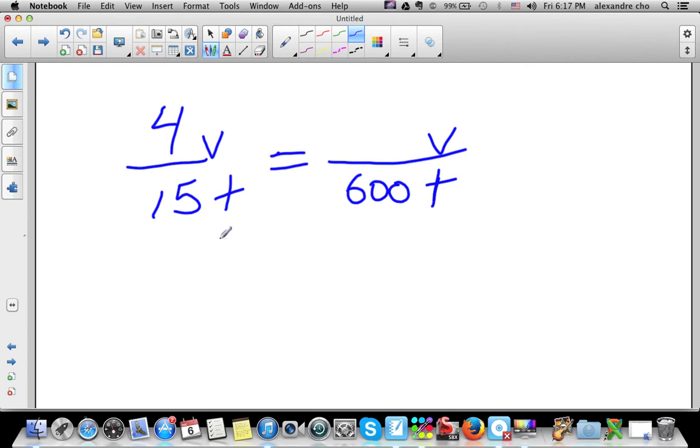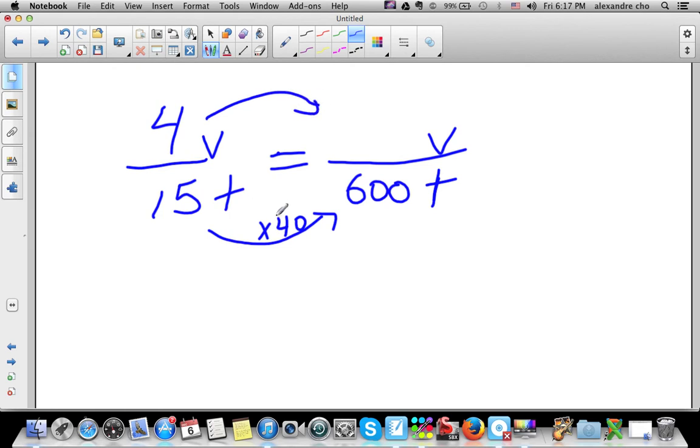Well, it's a new ratio that you're creating. So how does the 15 get to be 600? Okay, and that would be times 40. So your new ratio grows to 600. Whatever you apply to the bottom, you must apply to the top.